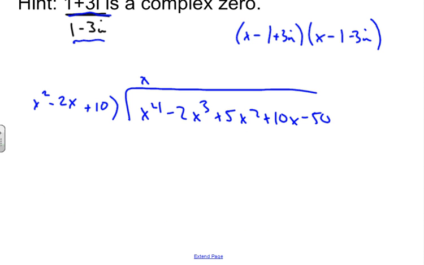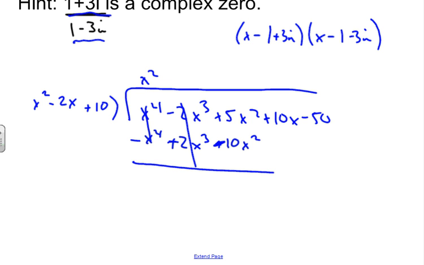We take x squared, and x to the fourth gives us plus 10x squared, and then make sure we do the opposite: that's going to cancel. That's nice, and we have negative 5x squared. Bring down the plus 10x, and then bring down the minus 50.